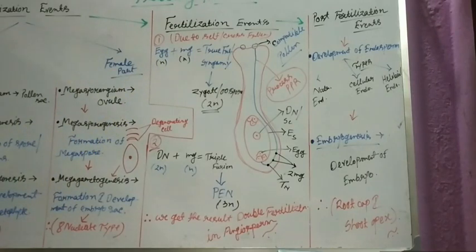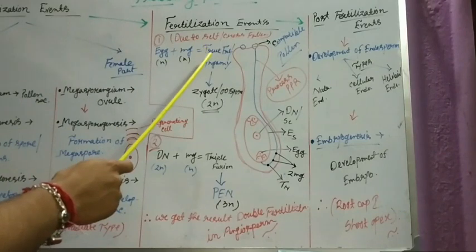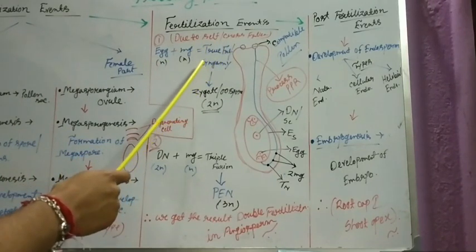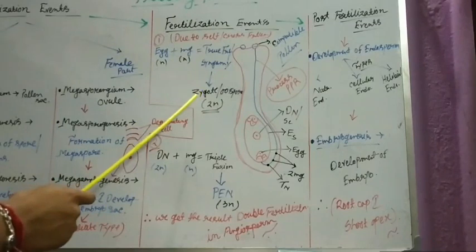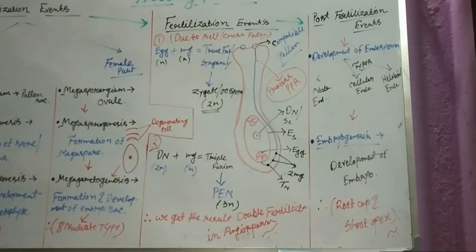First fertilization: 1 egg fuses with a male gamete. This process is called true fertilization, also called syngamy. The result is the zygote, or oospore, which is diploid. Then double fertilization, which means syngamy along with triple fusion. Why? Because the DN, the definitive nucleus or secondary nucleus, fuses with the other male gamete.